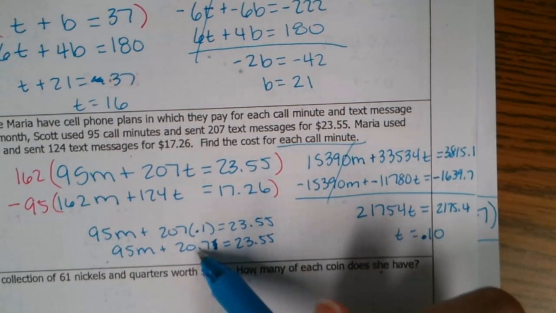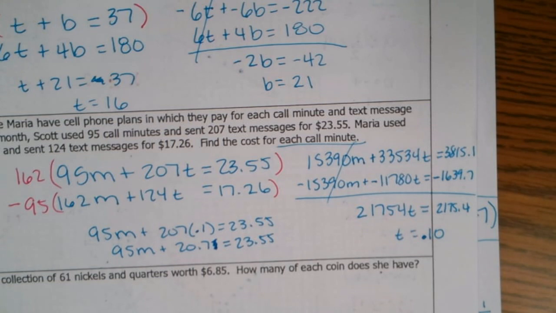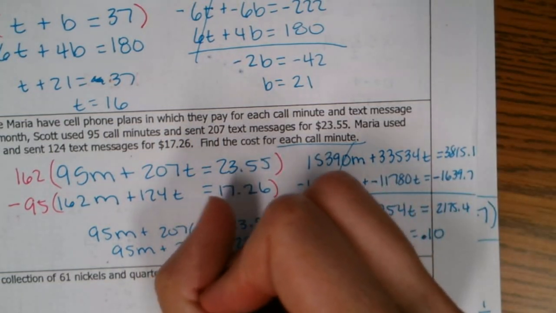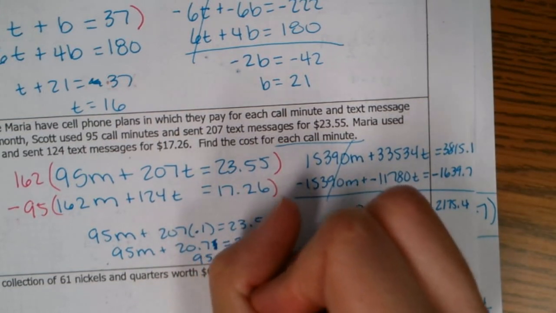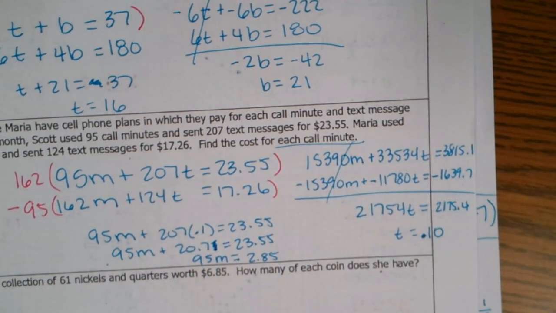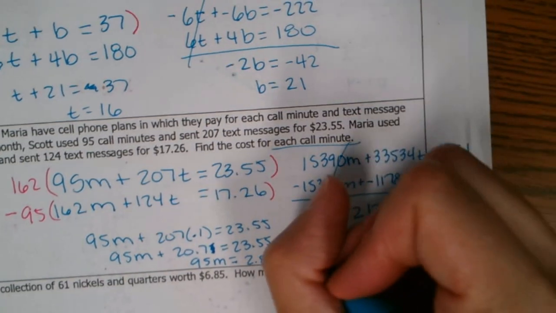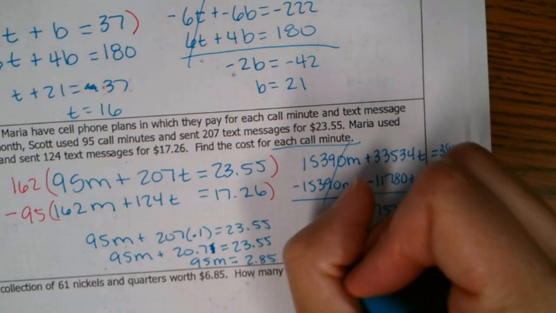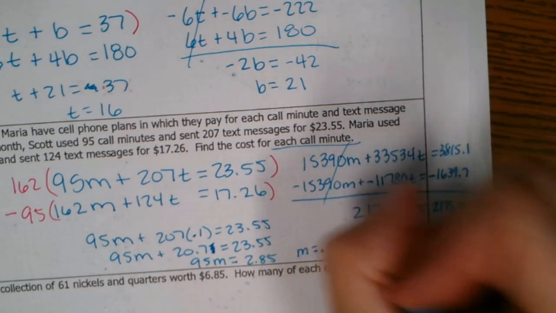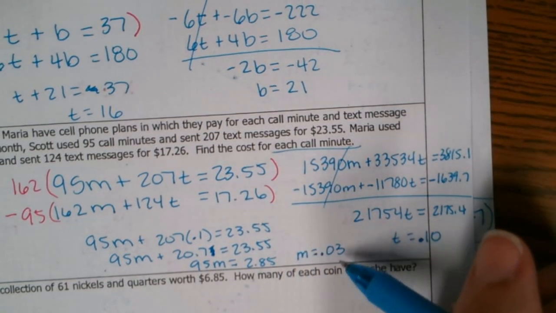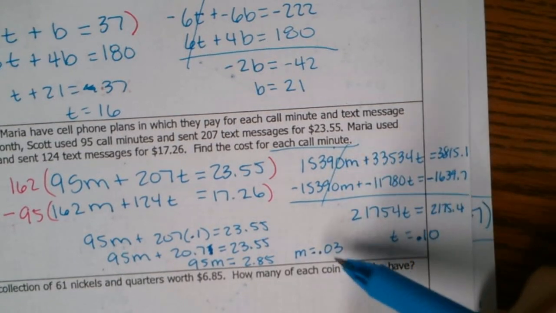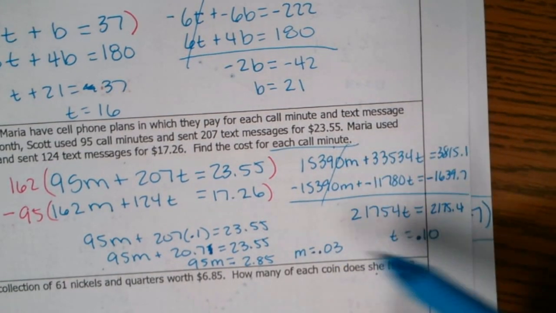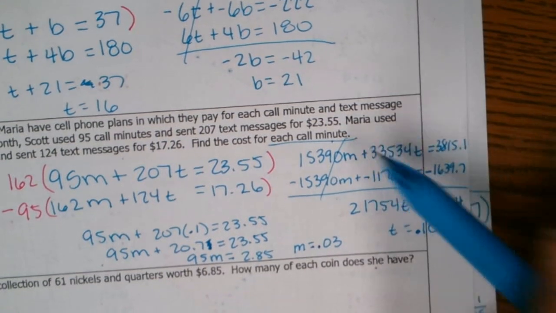And now I'm going to subtract the 20.7. And I get 95M is equal to 2.85. And now I have to divide. And I get M is equal to 0.03. So 3 cents for every call minute, and 10 cents for every text message.